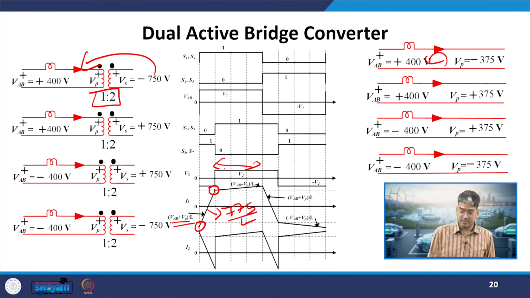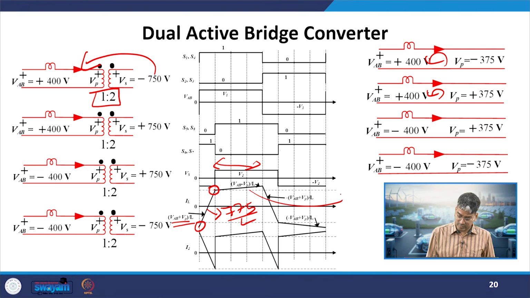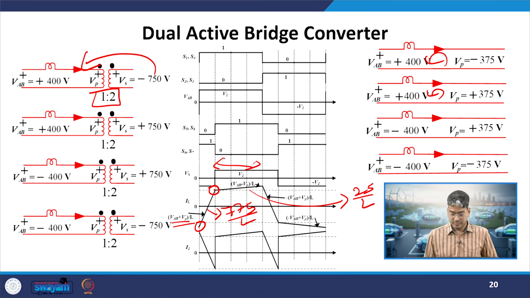In the previous case, what was the voltage applied across the inductor in mode 2? It was equal to 0. But in this case, when I apply KVL in this equivalent circuit which we have derived by eliminating the transformer, I will observe that it is subjected to a voltage equal to the difference between the two voltages, which is 400 minus 375, that is 25 volts, giving me 25 by L. So, in mode 2 also we have a small positive voltage applied across the inductor, whereas in the nominal loading condition it was perfectly balanced.